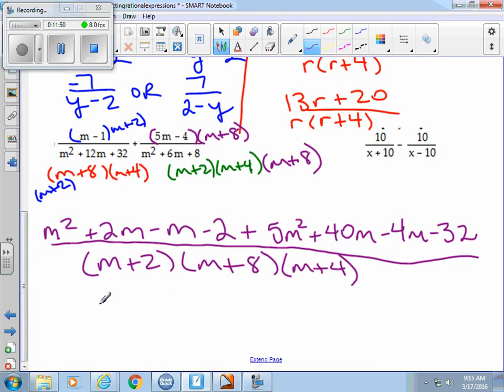Combine like terms together. What do I get?